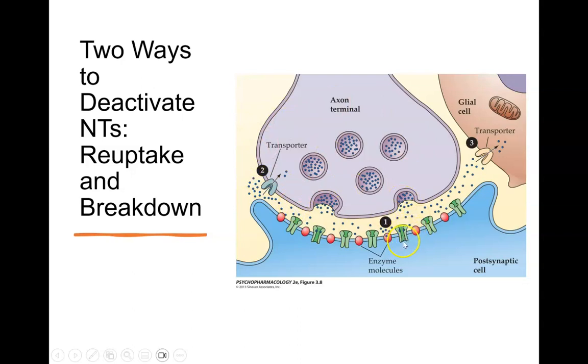They bind with a receptor site, and in this particular case, they're broken down by enzymes, or they can be picked back up by a transporter and moved back into the presynaptic cell for additional recycling. This can also happen within glial cells before being transported to the presynaptic cell.